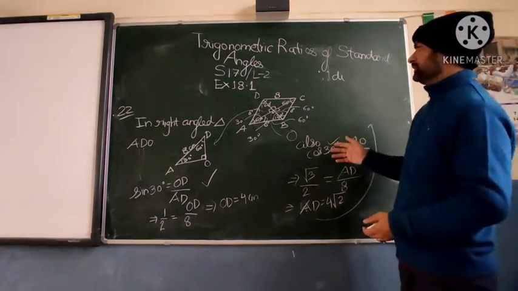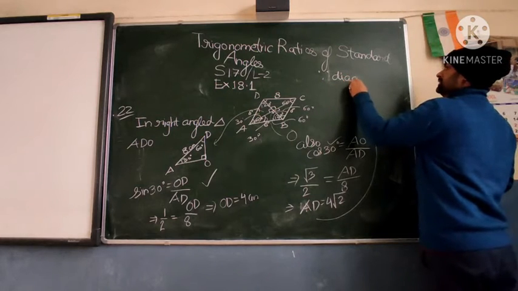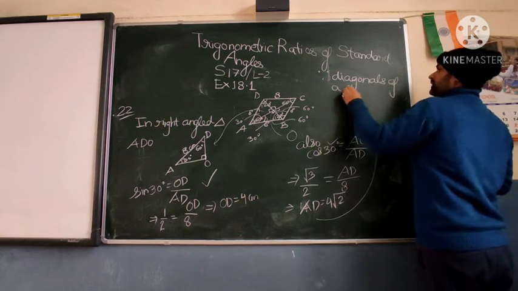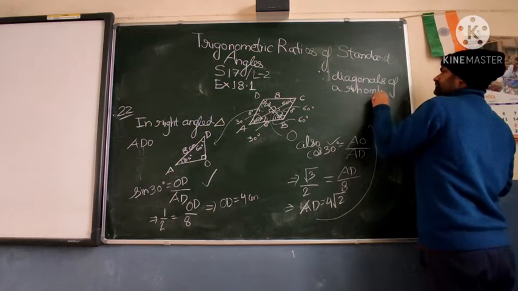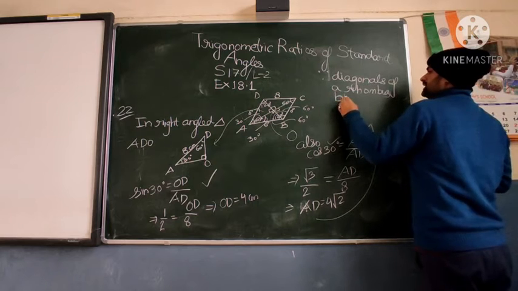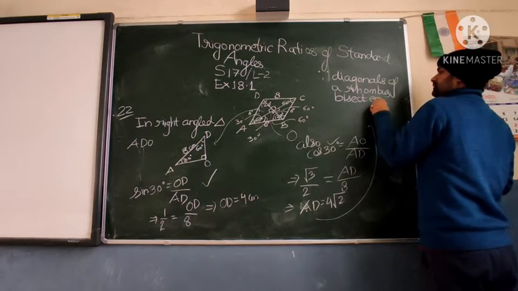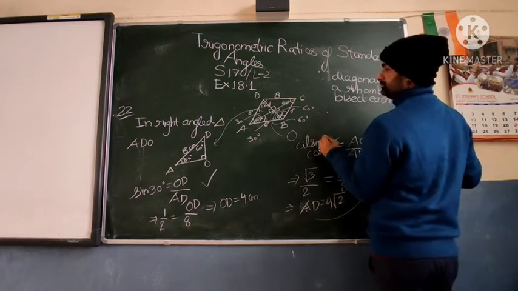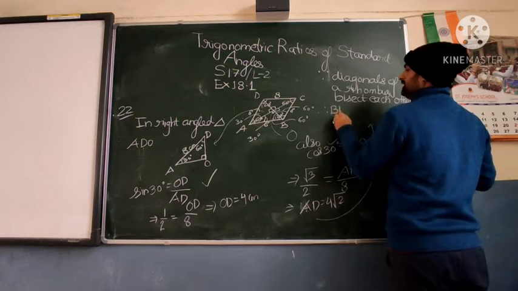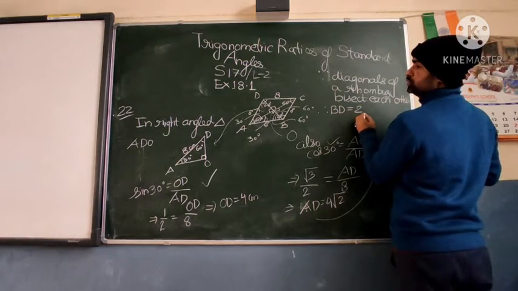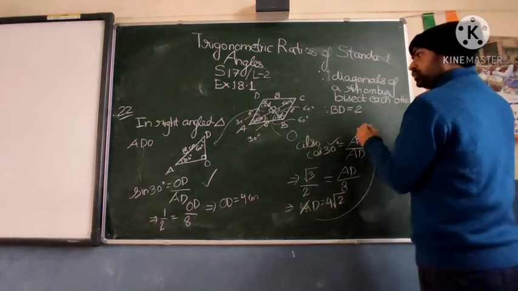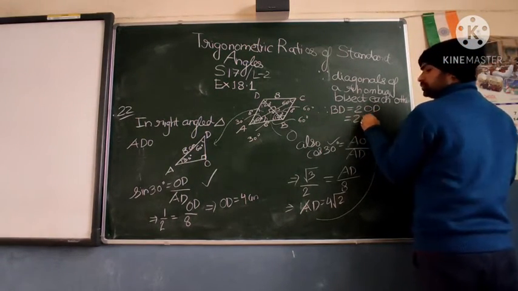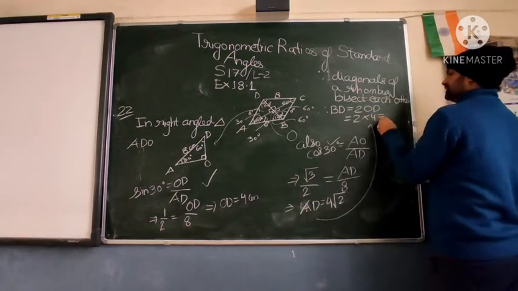Since diagonals of a rhombus bisect each other, therefore BD is equal to twice of OD, which is equal to 2 times 4. What is OD? 4. That means 8 centimeter.